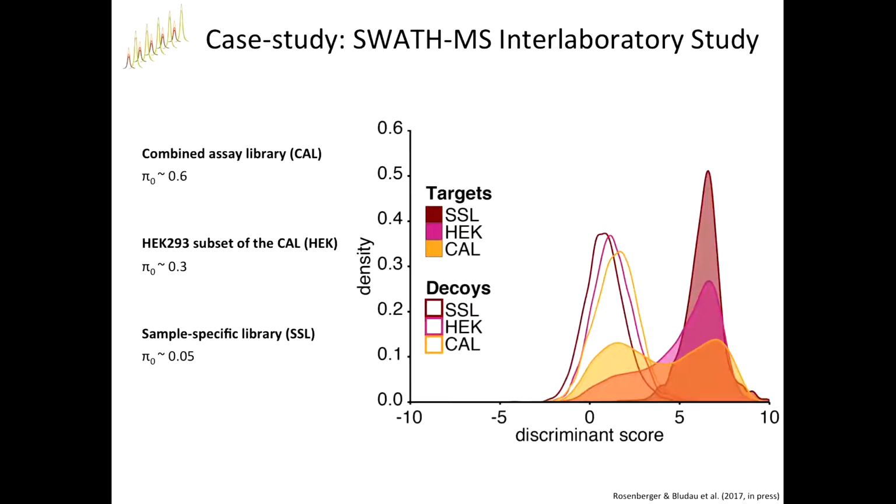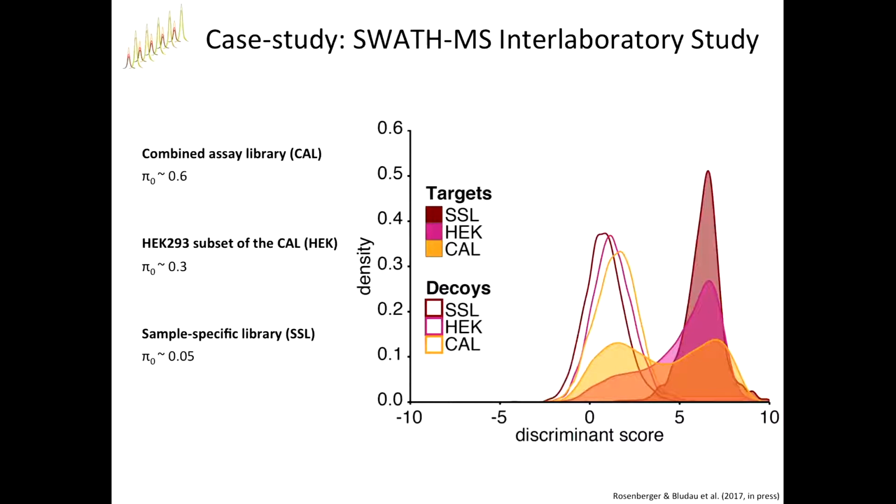And if we look at the protein level discriminant score distributions, this is using the global model for this data set. You can see the discriminant score here on the x-axis, and in yellow you can see the discriminant score distribution for the combined assay library, and you can see that there's a large amount of non-detectable false targets.